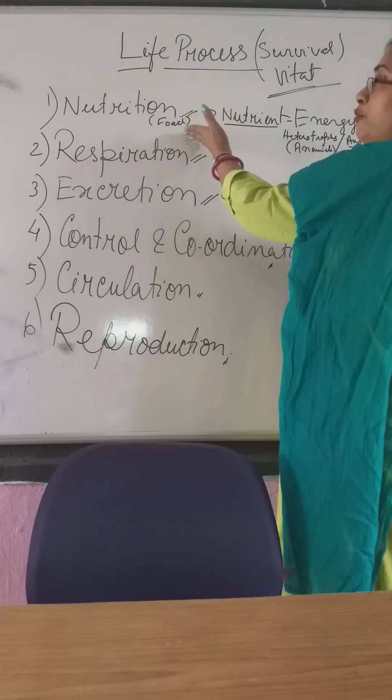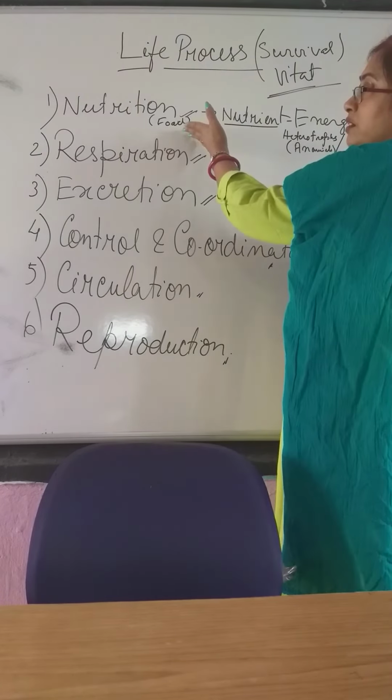Now whatever food is in the form of chemical energy stored in the body needs to get oxidized. This oxidation is done by respiration. In general, respiration is the taking in of oxygen and giving out of carbon dioxide. But contradictions are always there.